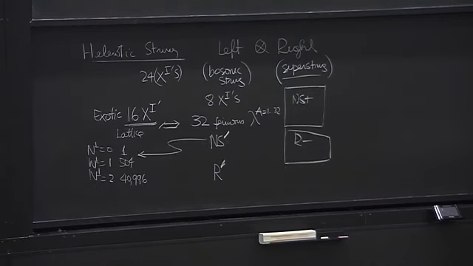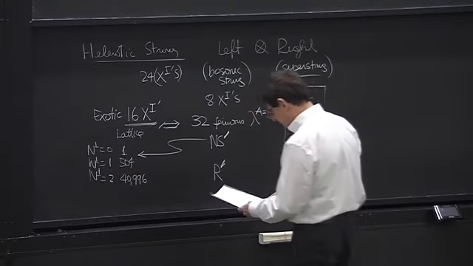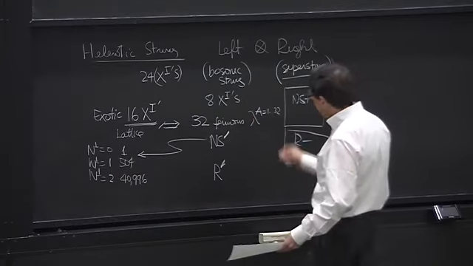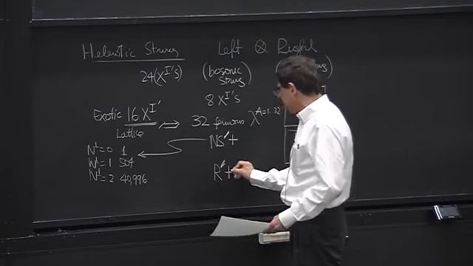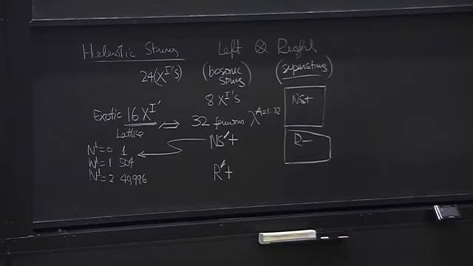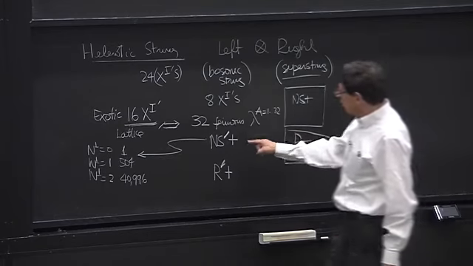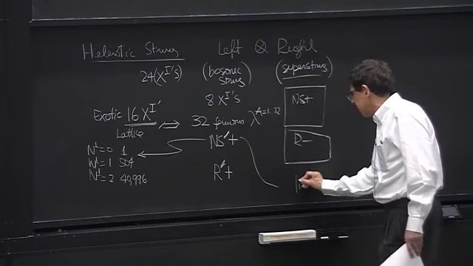Anyway, you get NS prime states and R prime states. And you will end up choosing a plus projection and a plus projection. Now, it may be a little disconcerting that you will choose here the vacuum of this NS prime sector.